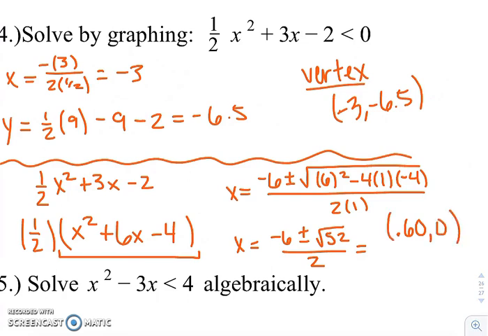So let's see, we've got the vertex. We've got one x-intercept. And then when I do negative 6 minus the square root of 52 divided by 2, I get negative 6.6. I'm going to make that an ordered pair. Those are my two x-intercepts.